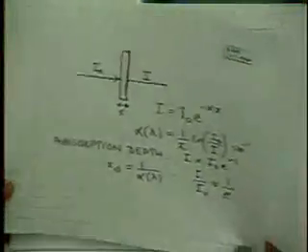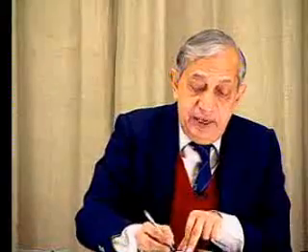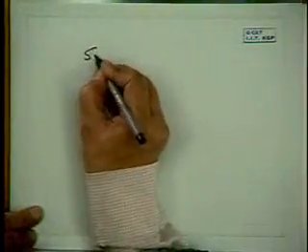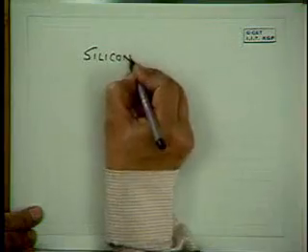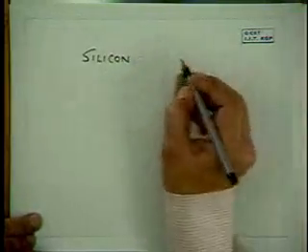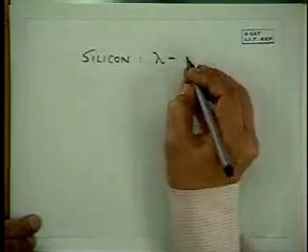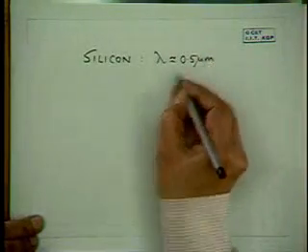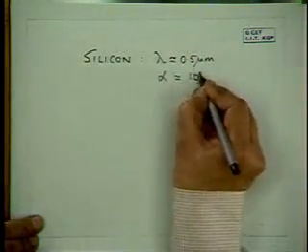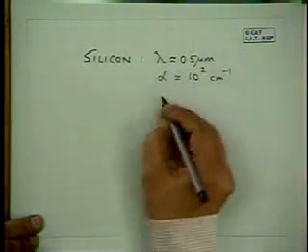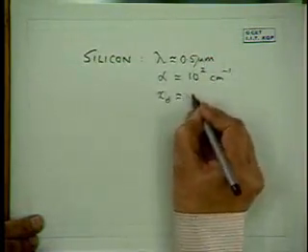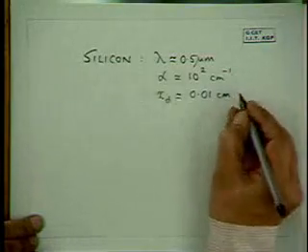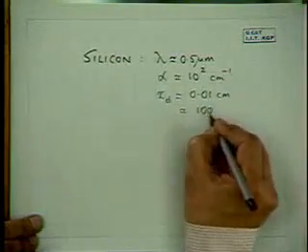Suppose we consider, again, a comparison between silicon, for which at lambda of the order of about 0.5 microns, alpha is of the order of 10 to the power 2 centimeter inverse, then xd is just 0.01 centimeters, or of the order of 100 microns.